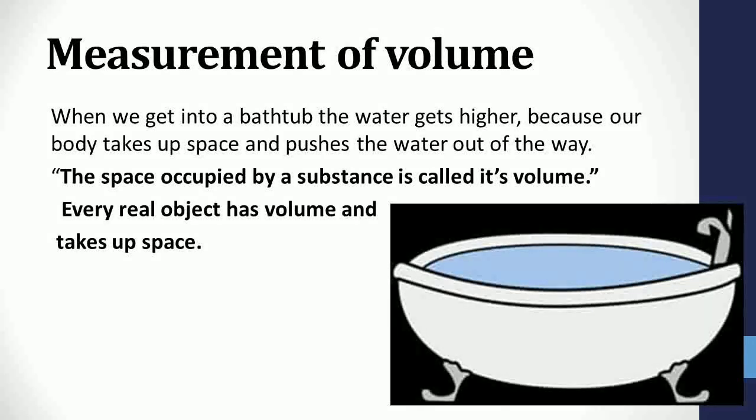In the easiest way, you can say that it is the space occupied by a substance, which can be solid, liquid, gas or plasma, because a substance can be in the form of solid, liquid, gas, and the new state is plasma. So the space occupied by any of these substances is called its volume. And every real object has volume and takes up space. This you have to note down.